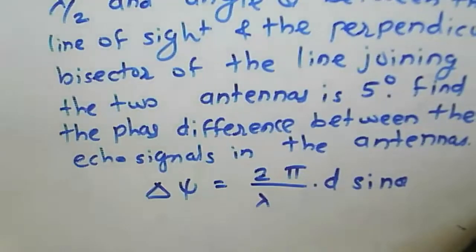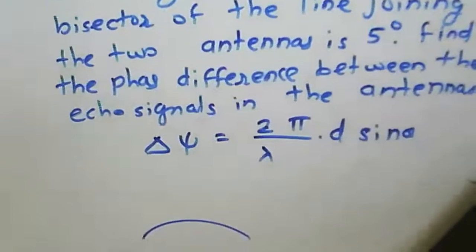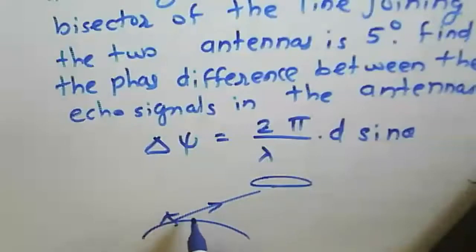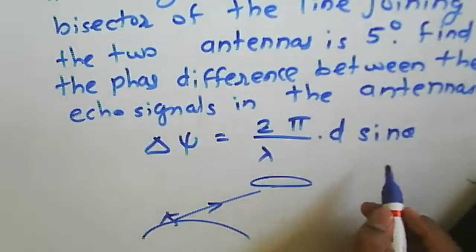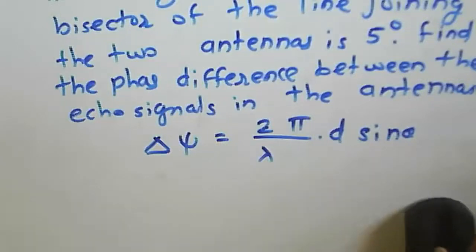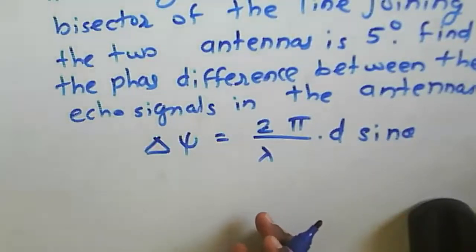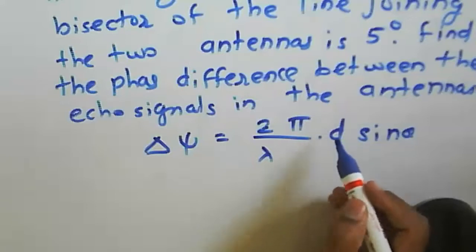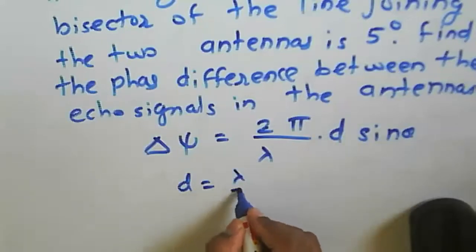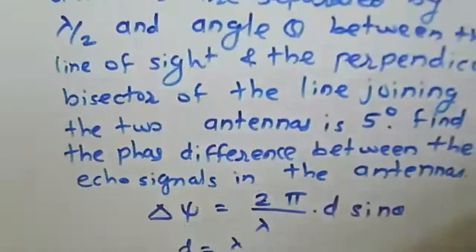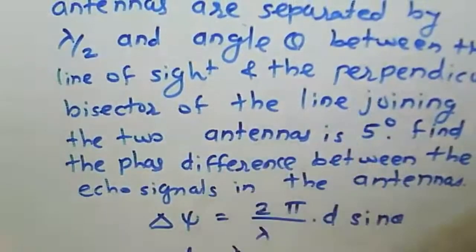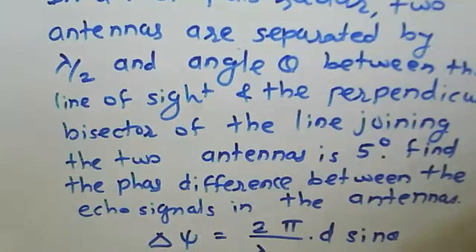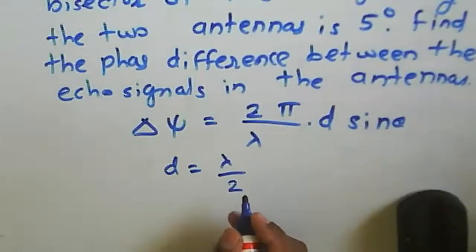In the case of a target, for the given antenna sending the signal, that will be the angle theta, and the spacing between the two antennas is d. The antennas are separated by lambda by 2, so d is equal to lambda by 2.